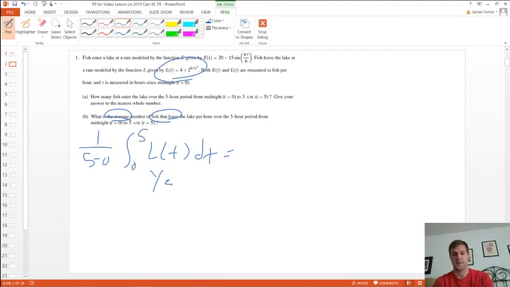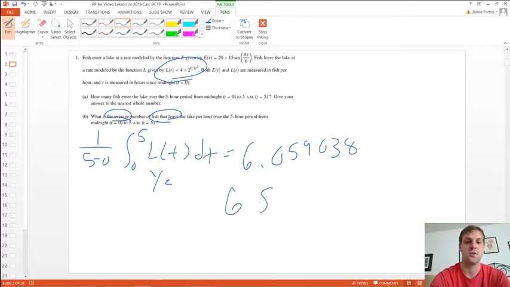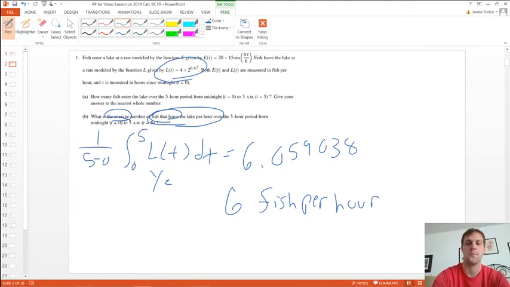I typed it in exactly like that and got 6.059038. So that is 6 fish per hour on average leaving my pond. A and B were not bad, as long as you knew the average formula and which formula to use.